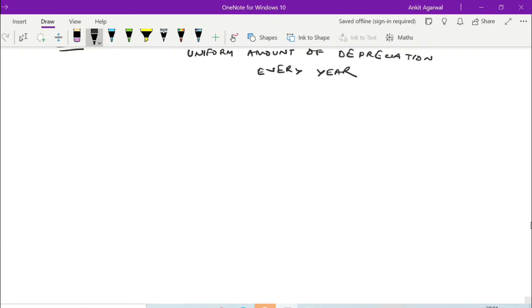Now, what are the variables we need for calculating the straight line depreciation amount? The first thing is the cost of the asset, right? Let's say I bought an asset for 50,000. The entity will have to estimate the useful life.